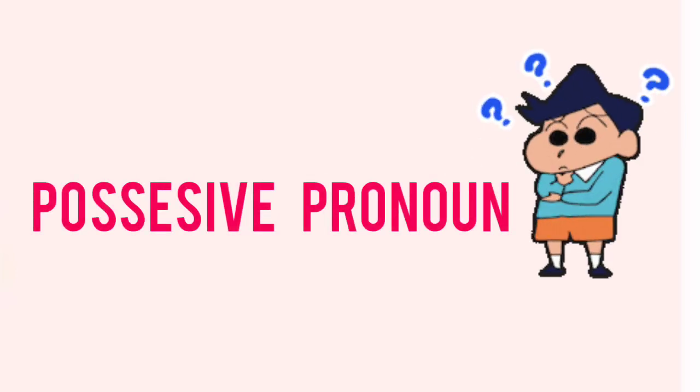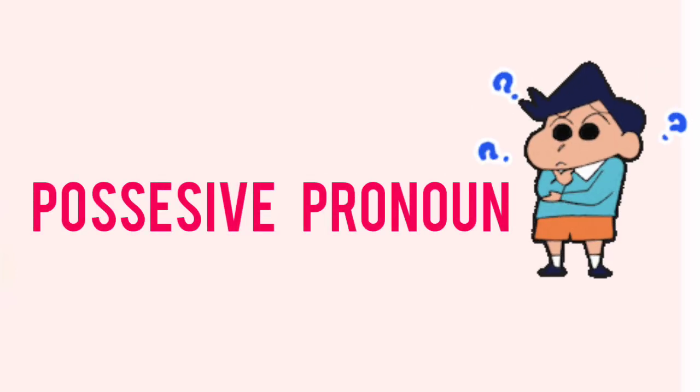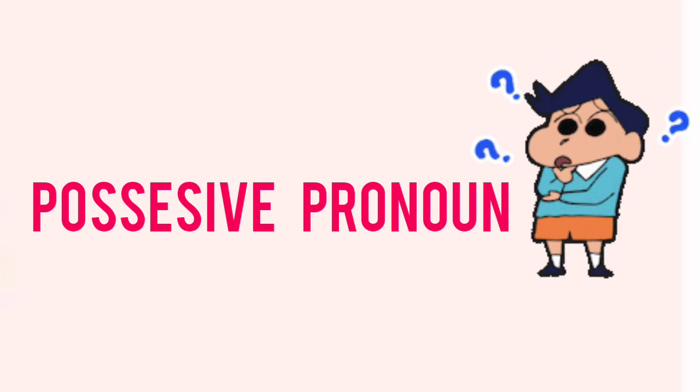Let us proceed further, and the next type of pronoun that we are going to discuss is possessive pronouns. What do you mean by possessive pronouns and what are the various examples of it?